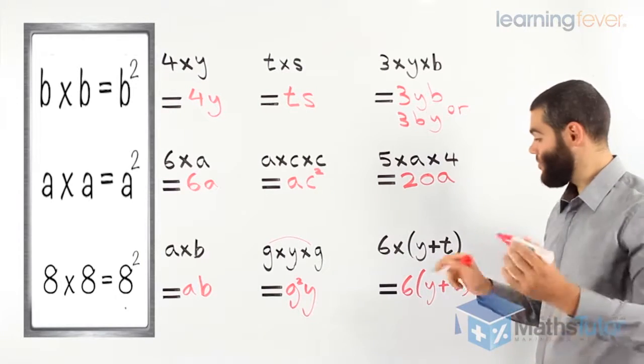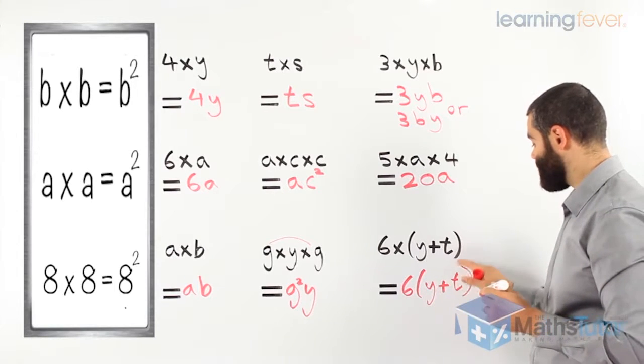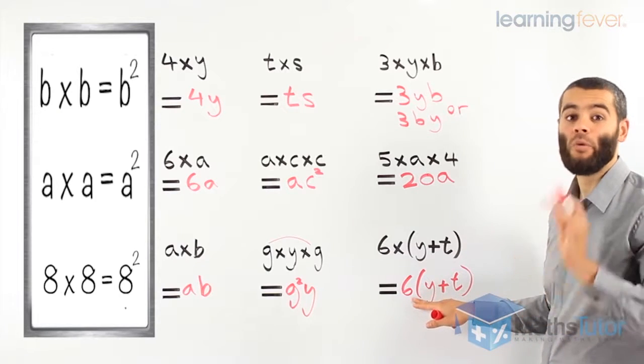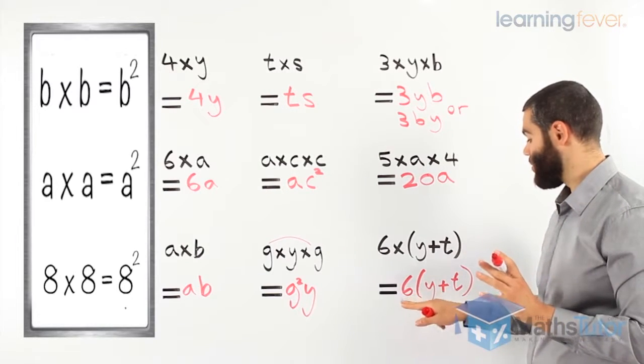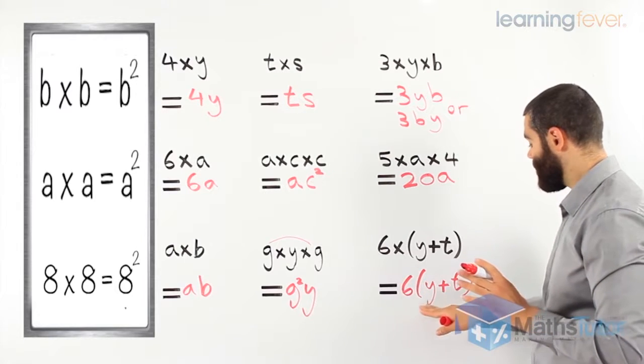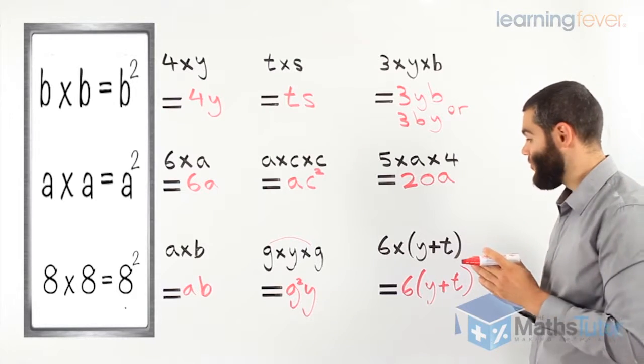That's it. The times is gone. 6 brackets Y plus T brackets. We know there is a little times here, but we don't write it, but we know it's there. It's invisible. 6 brackets Y plus T, close bracket. We have written it in a very simple and straightforward format.